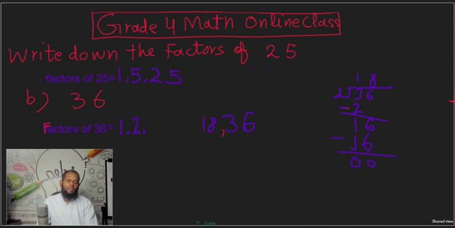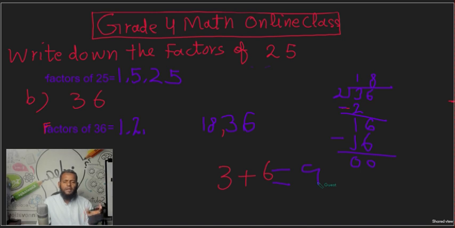Wait. Can you add the digits of 36? 3 plus 6. What is answer? When you add the digits of any number, if your number is in the table of 3, you should tell me, 9 is in table of 3 or not. It is.